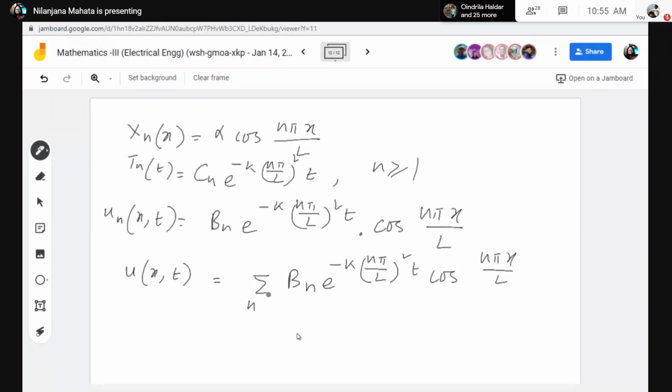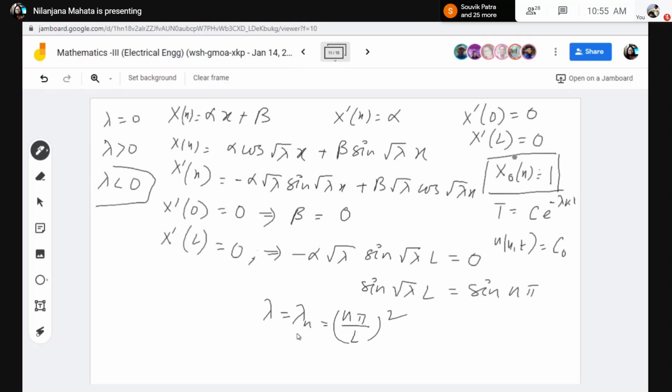Suppose I put n equal to 0, so this term won't exist. If n is 0, the cos 0 will be 1, so this will be only a constant, and we have checked that for 0 there may be a solution like this, which is only a constant.